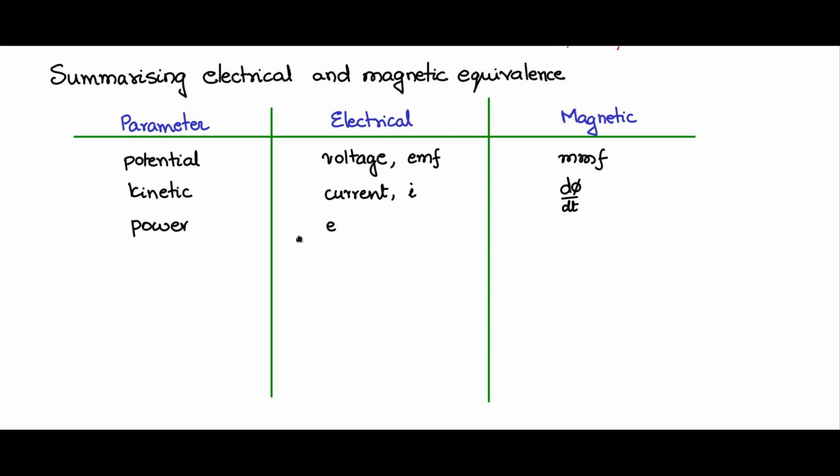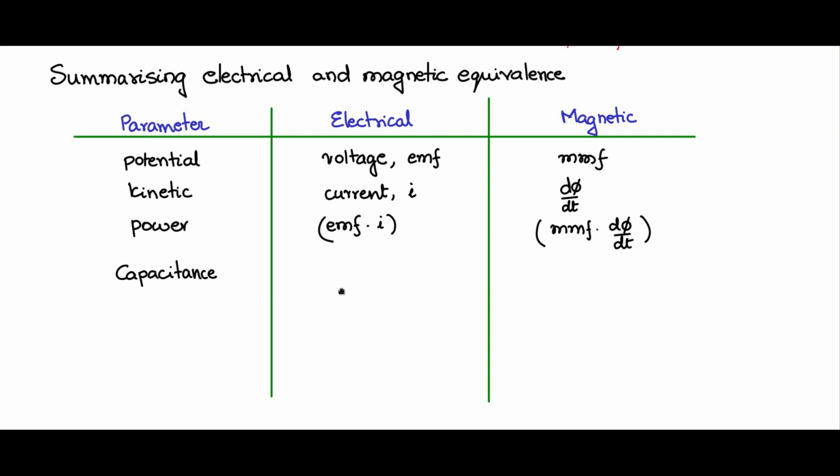Power in the electrical domain is voltage into current, or the potential into the kinetic variable. Here also it is the same thing, potential variable mmf into d phi by dt, and both have units of power, which is watts. This is watts and this is also watts.